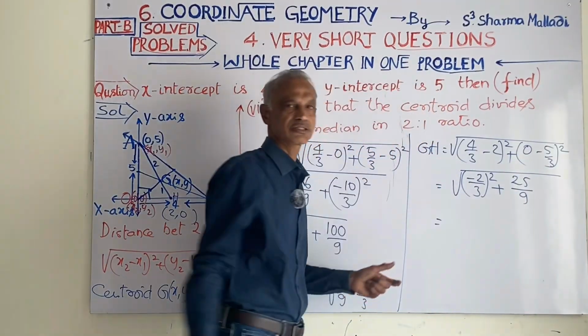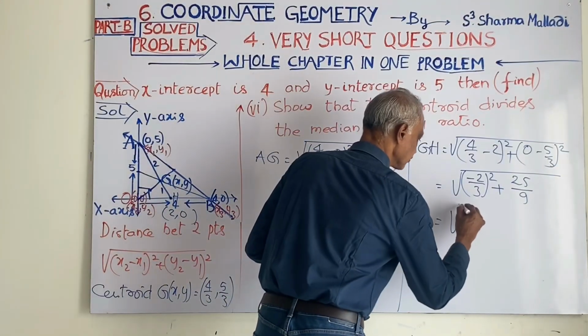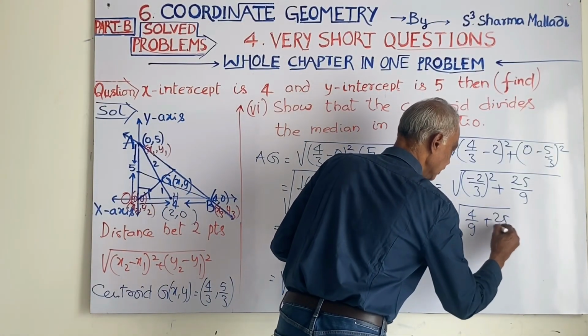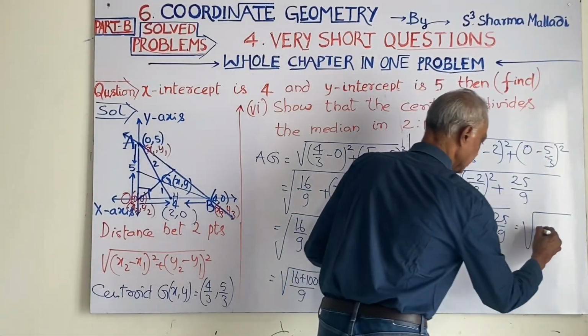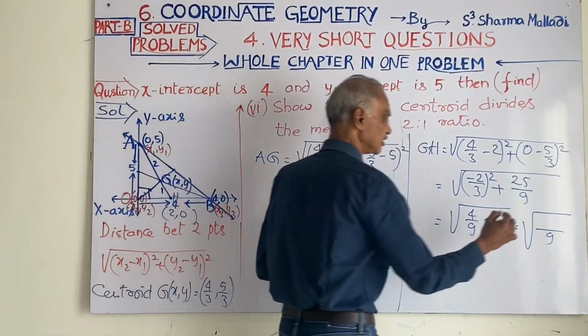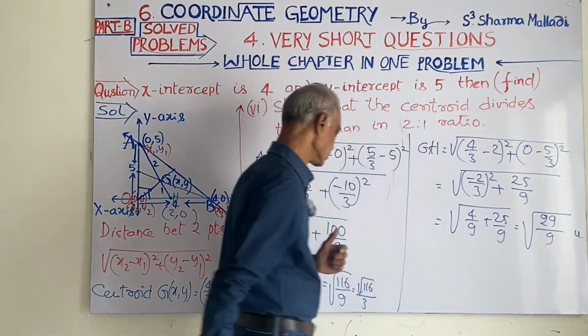Now minus 2 by 3 whole square means 4 by 9, square root of 4 by 9 plus 25 by 9. 9 is the LCM. 4 plus 25, that is 29. Root 29 by 9 units, because this is distance.